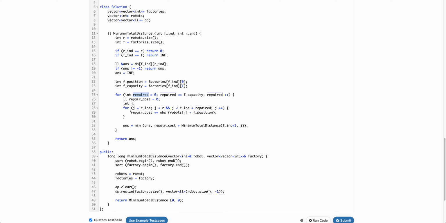Every robot that we are repairing with this factory is coming to this particular position, right? So we will just add the difference between the position of the robot and the position of the current factory. Hope this solution makes sense.